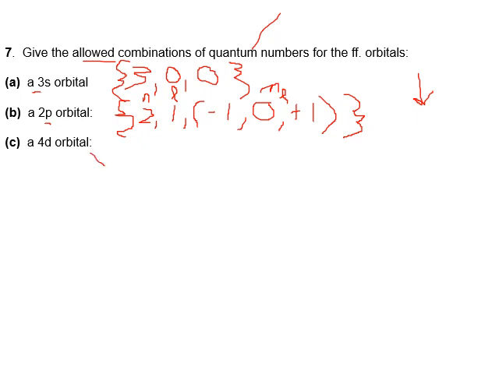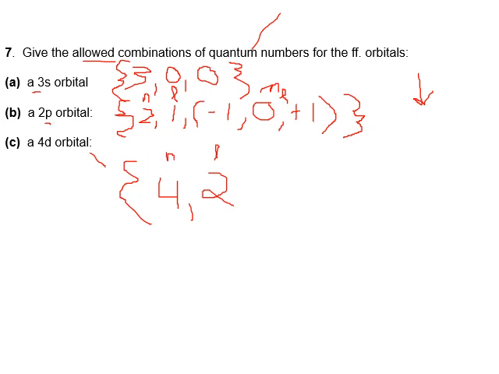And then for this one, it's going to be 4. That's the N number. And then it's S, P, D, so 0, 1, 2. So it's 2 for your L number. This is your L number, and this is your N number.